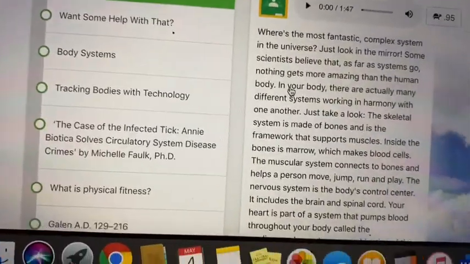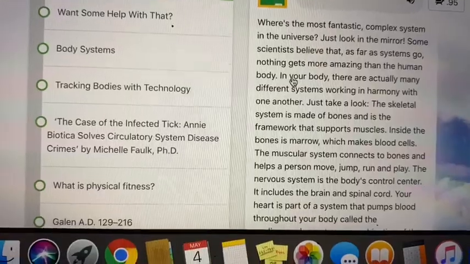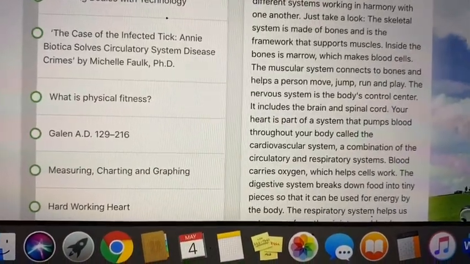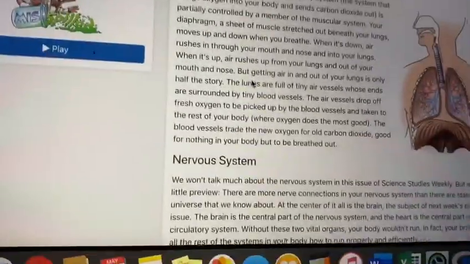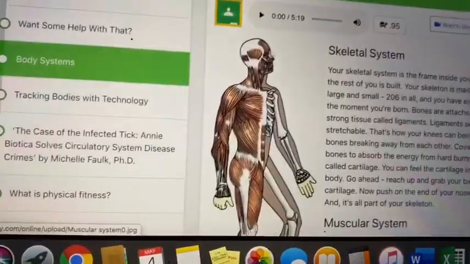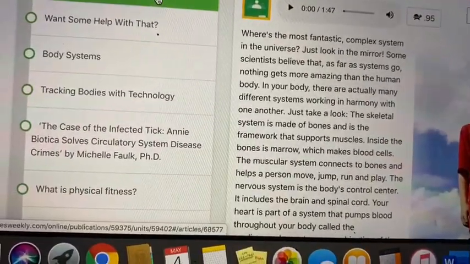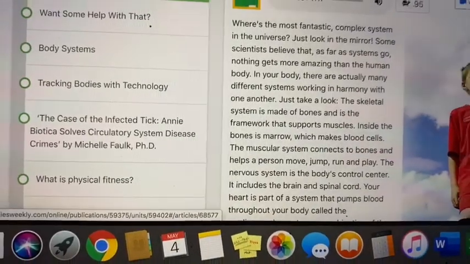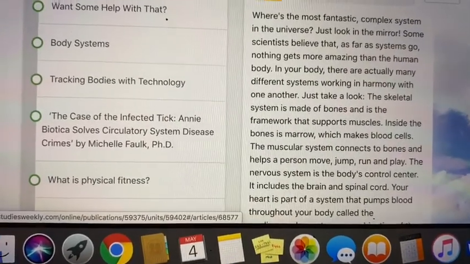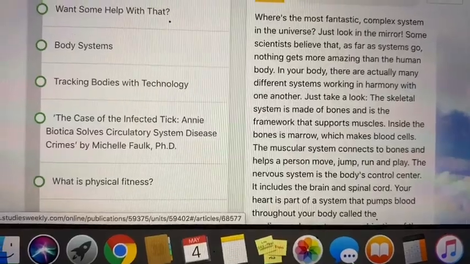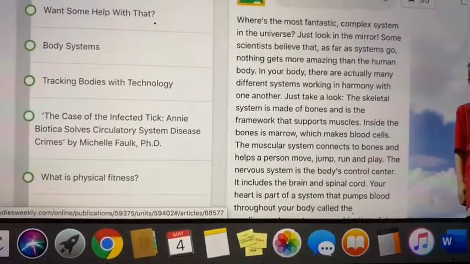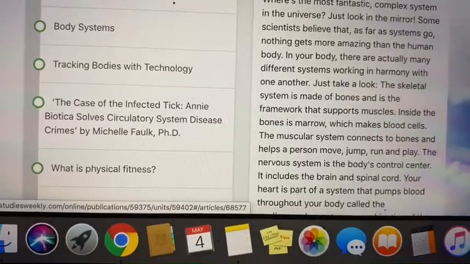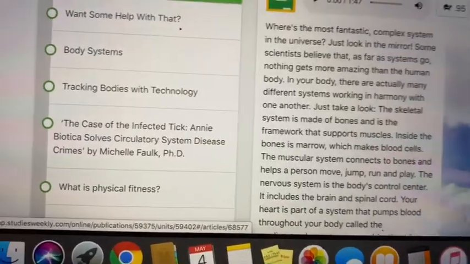It's actually kind of cool because, well, right now with everything that's going on, we're going to be talking about our immune system and our respiratory system. And this is actually very important when it comes to this virus that is affecting a lot of people, unfortunately. So we'll learn a little bit how our body responds to viruses and what our body's actually doing and really how our bodies work. But we'll talk about that this week.